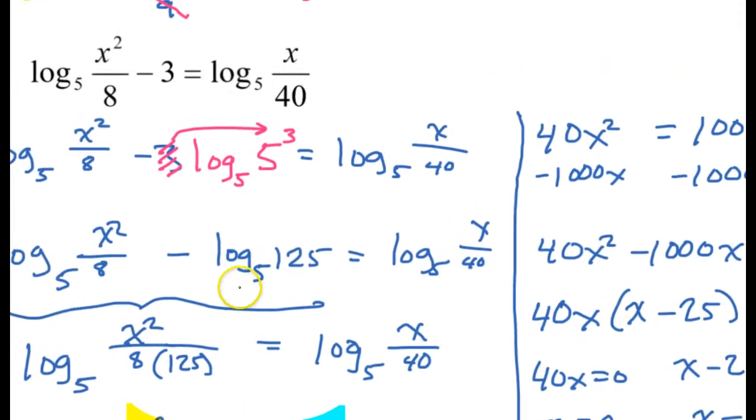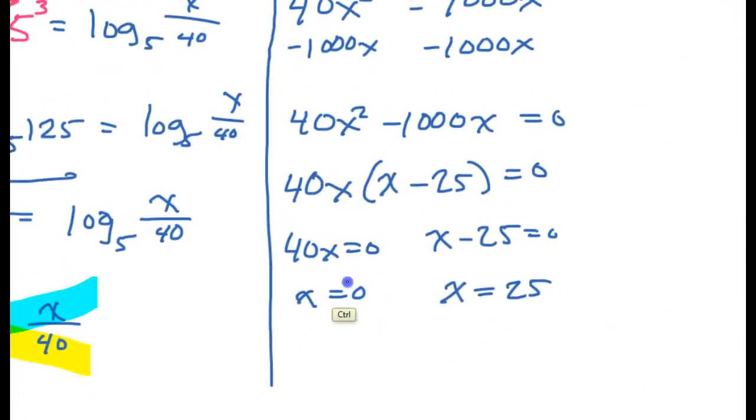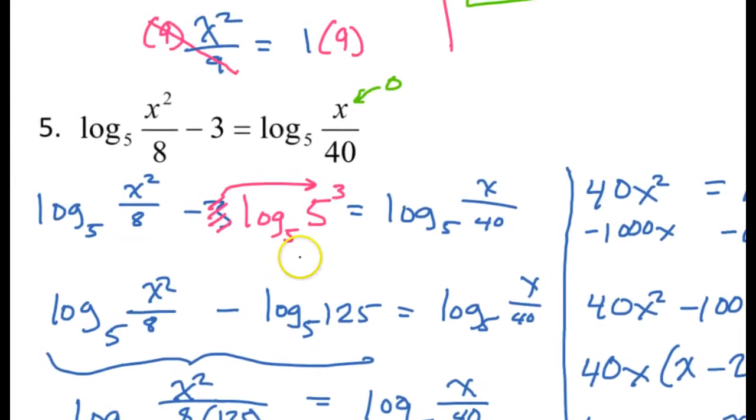You can't take the log of 0. And if I were to plug 0 back in, for example, right here, 0 divided by 40 is 0. Then I've got the log of 0. There's no power that will turn 5 into 0. So x equals 0 is extraneous, which means x equals 25 is my only valid solution.